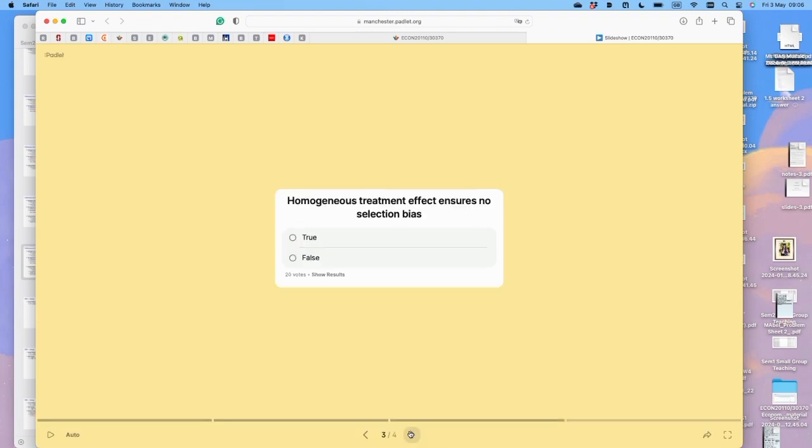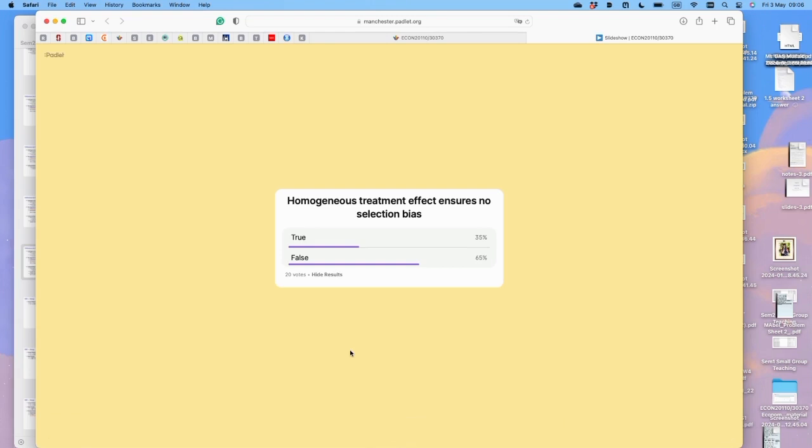Now, the next one, sort of related to where we have started on the potential outcomes. Here it states that homogeneous treatment effect ensures no selection bias. Is this true or false? This is actually a false statement.